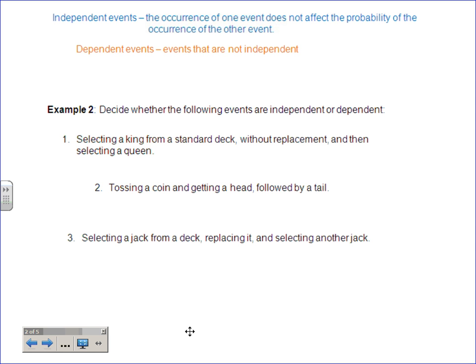Remember, an event is one or more outcomes from the sample space. That's what that means. So why don't you take a second or two and decide if you believe that these situations are independent or dependent on each other. And when I do it, I'm actually going to do the probability thing to show you how that works, because I think it's that important.